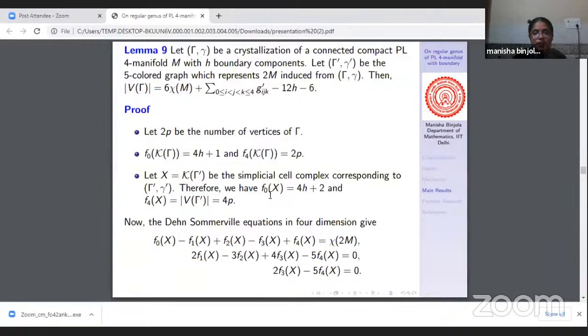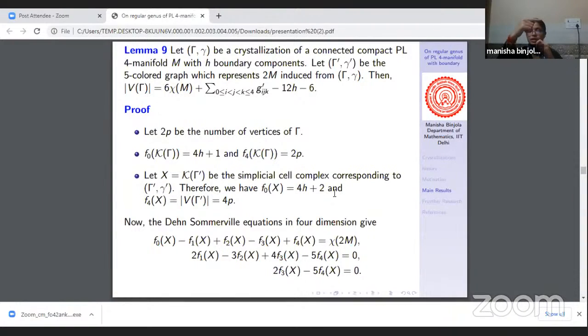Now let X be the simplicial cell complex corresponding to gamma dash. Okay? Then F0 of X equals 4H plus 2. So what is happening when we are taking the double manifold? We have this manifold here, 4 colored vertices inside and then these 0, 1, 2, 3 on the boundary. Now when we take another copy, we identify the boundary components, okay?